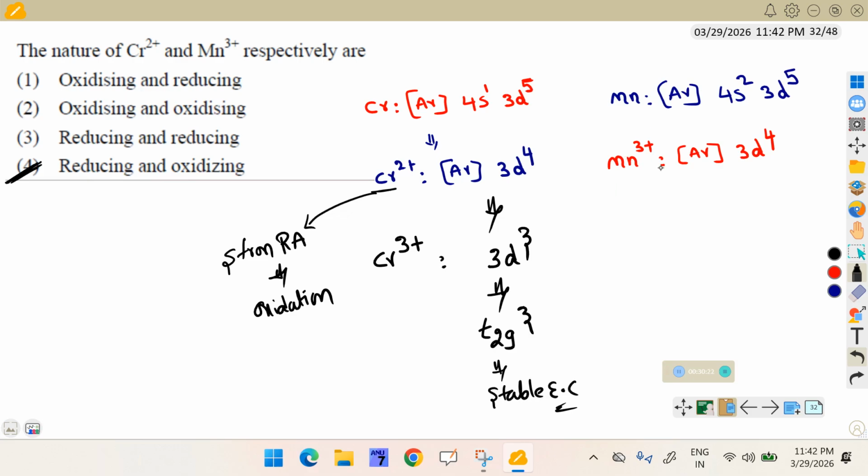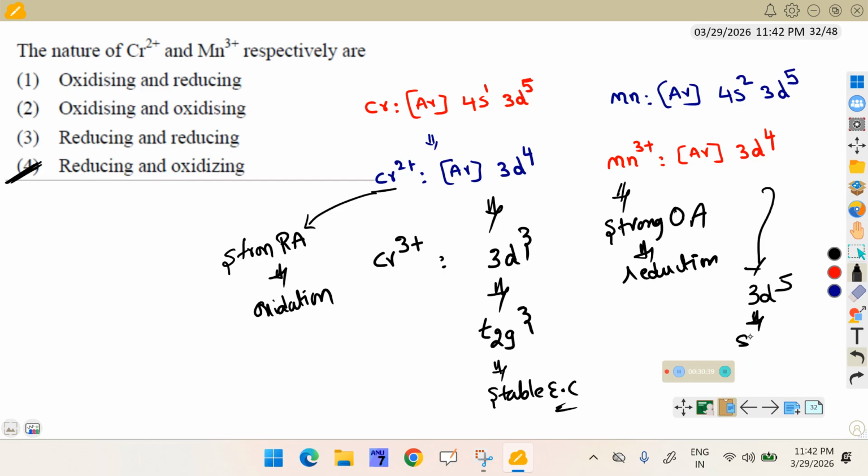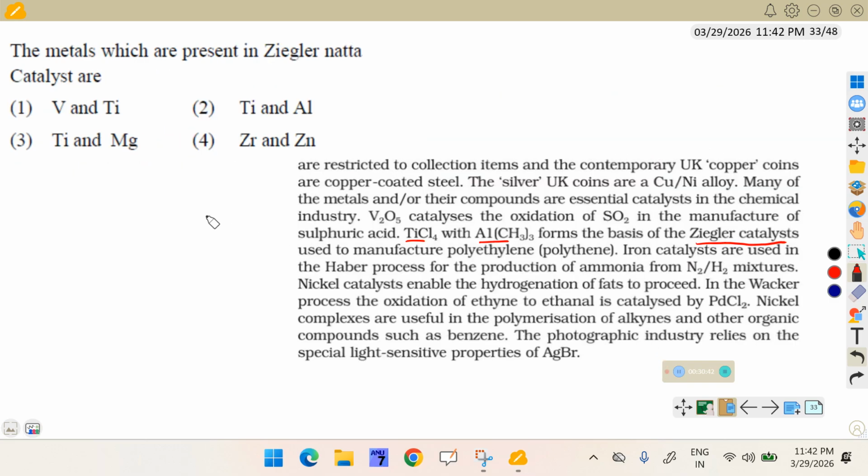Mn3 plus acts as a strong oxidizing agent. Reduction is favored because it gains one electron, then it is converted to 3d5, a stable electronic configuration. The metals present in Ziegler-Natta catalyst are titanium and aluminum.